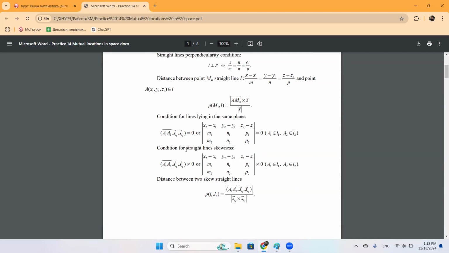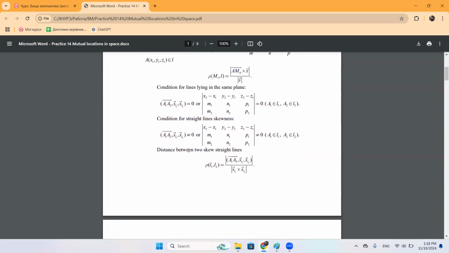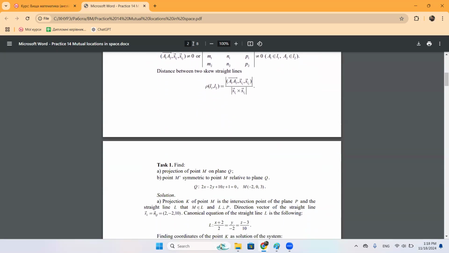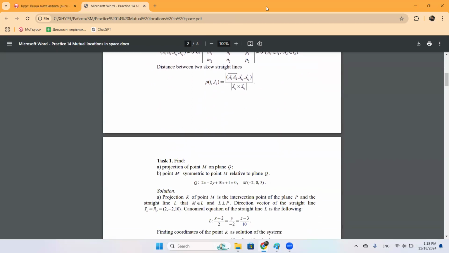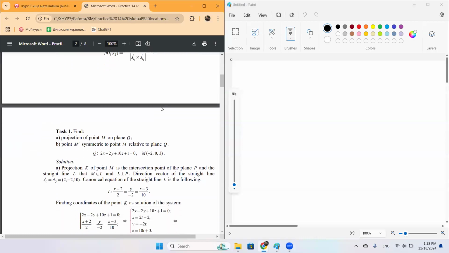And for line skewness, these vectors are not coplanar. And this is the formula of distance between two skew straight lines. We divide the magnitude of the mixed product by the magnitude of the cross product of the direction vectors of the lines. Any questions about equations, about theory?